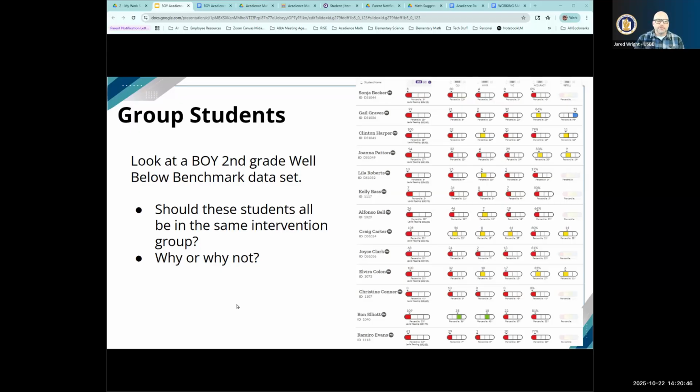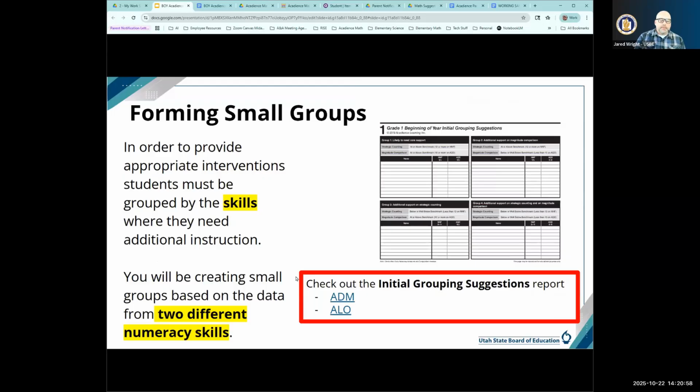And then as you group students, make sure that the group aligns with the instruction so that they're all learning the same thing at that moment. As you form groups, there are some resources here that you can see, but really you're going to want to narrow the focus of what skills you're providing in that small group.